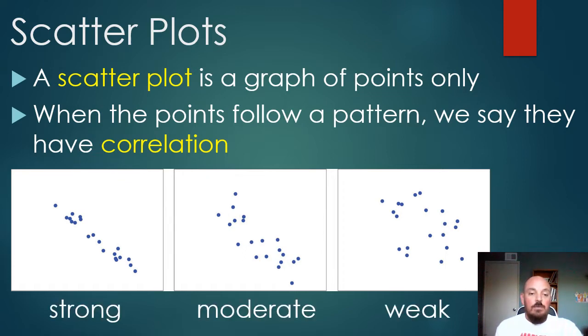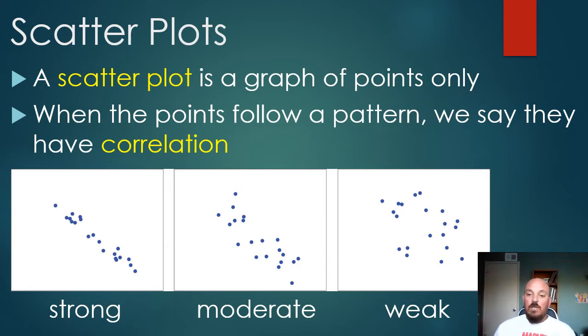So we would say the first one has strong correlation because we can definitely see a pattern there. It looks like a line. The second one has moderate correlation, which means it kind of looks like a line. I can see that it's starting up here and decreasing, but they're spread out pretty wide. The third one I would say has weak correlation because I don't see a pattern at all. I don't see a line there at all. I just see a bunch of points scattered around.